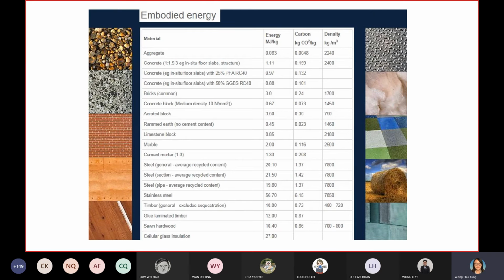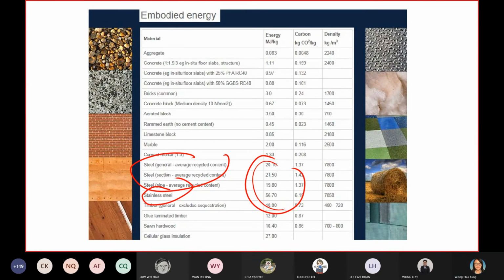So based on this chart, you can notice that steel and stainless steel actually have higher embodied energy, which means that the process we produce stainless steel and steel, along the process, they release a lot of energy, which is not good. That's why we should reuse and recycle the steel and the stainless steel due to the high embodied energy.